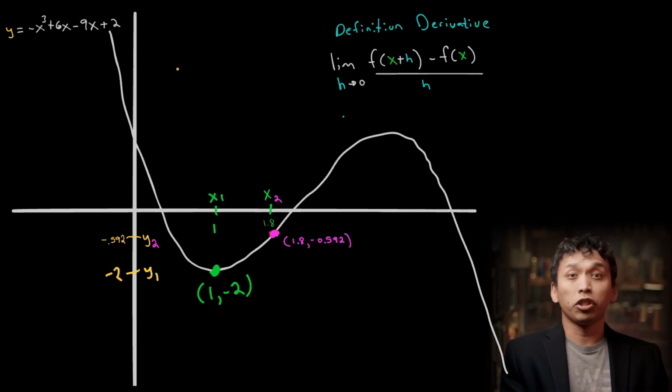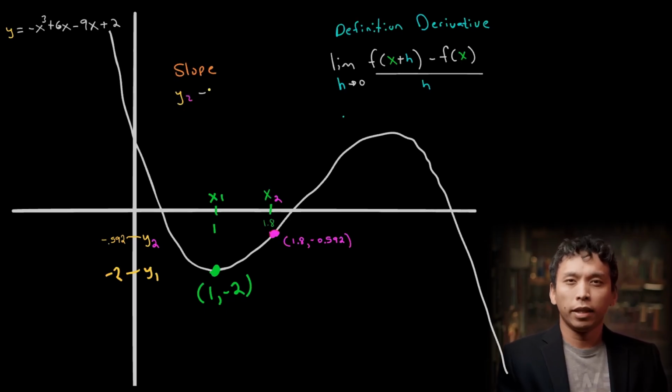As you recall, our slope equation is just y2 minus y1 all divided by x2 minus x1. In this particular problem, our coordinates for x2, y2 are 1.8 and negative 0.52.